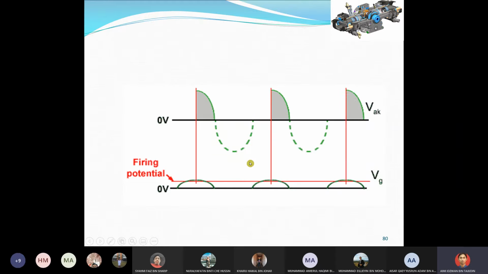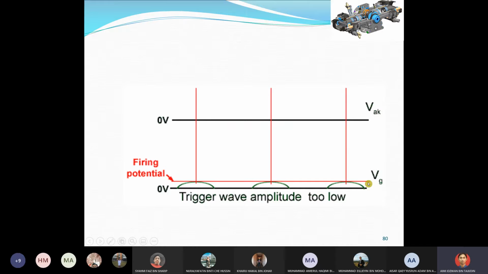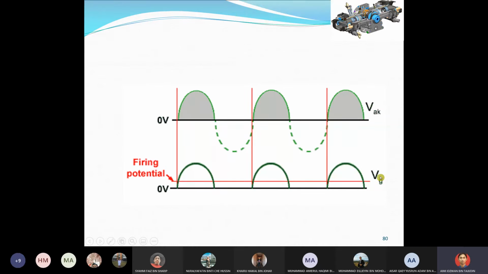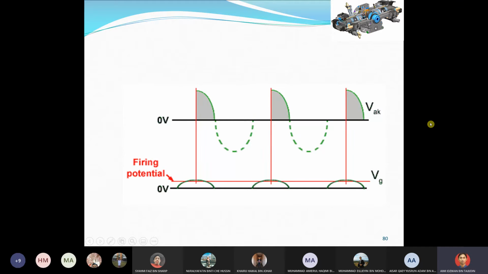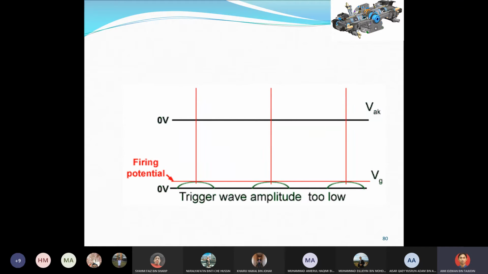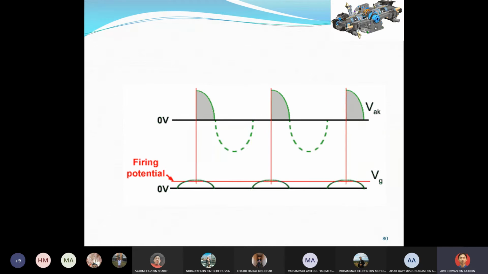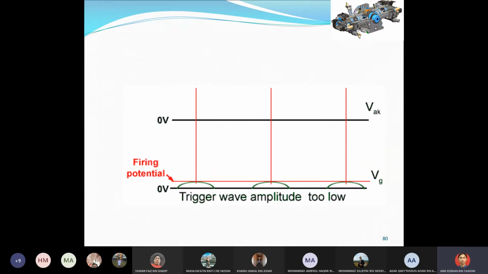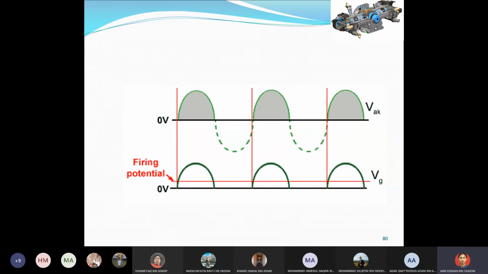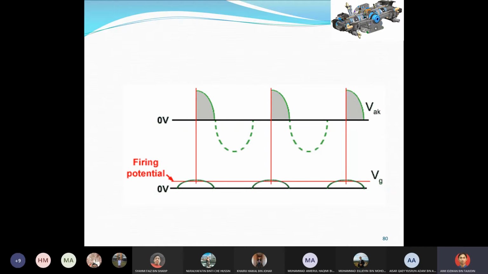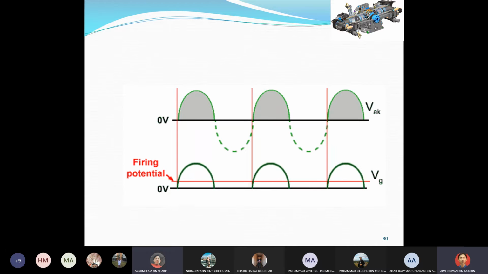So what can you see from this animation? Boleh tak someone explain to me apa yang kamu faham? Apa yang kamu faham daripada this one? Tak faham saya, tak faham apa-apa.